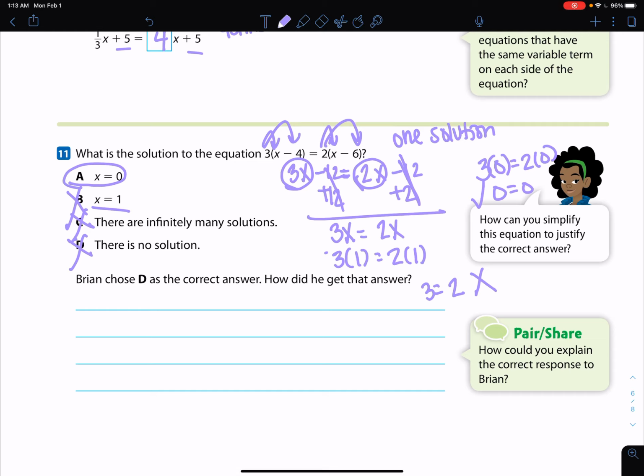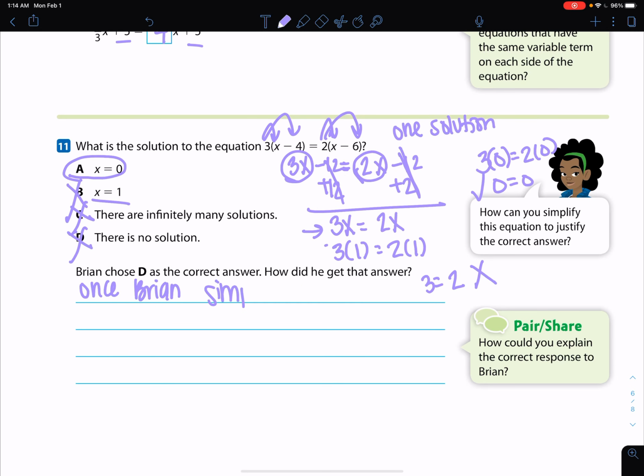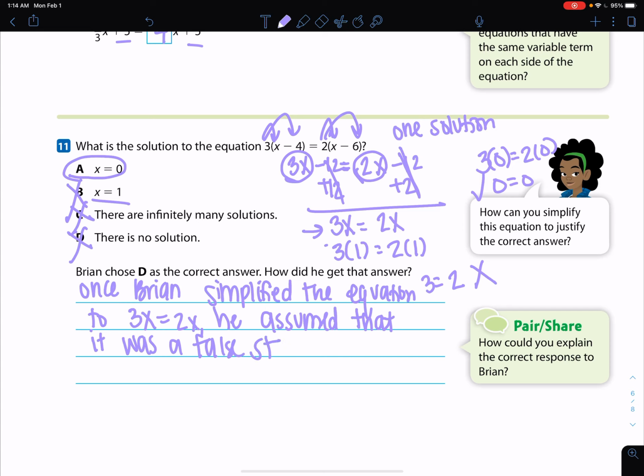All right, Brian chose D as the correct answer. How did he get that answer? Well, Brian more than likely did what I did, and once he simplified his equation, he assumed that it was a false statement, which means no solution.